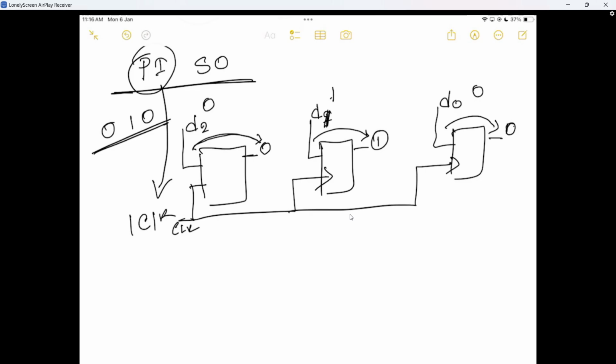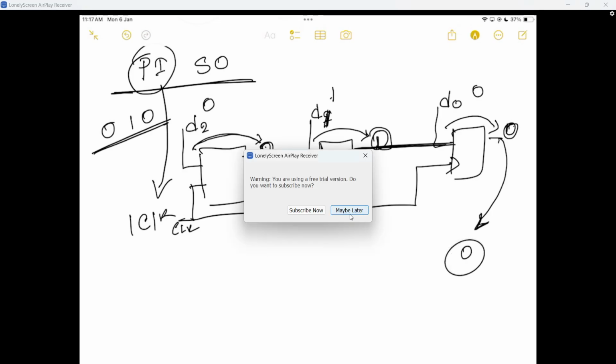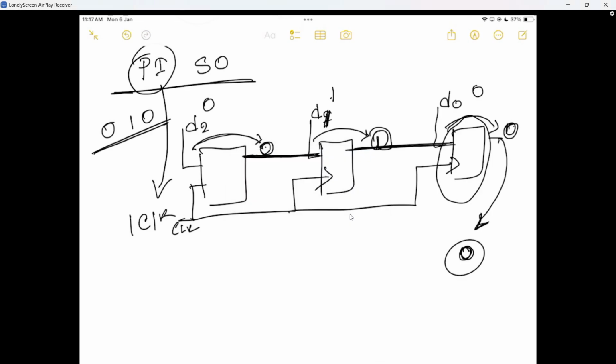Now serial in, serial out. So how do we take the data out serially? Now it's connected like this, like that. Initially it was blank. Now 0, 1, and 0 will be stored. If we take the output from here, we already got 0. So if we want to access the 0 data, from this flip-flop, we don't require any extra clock cycle.